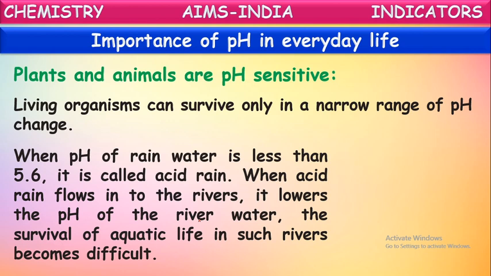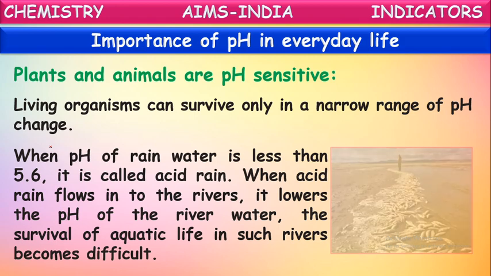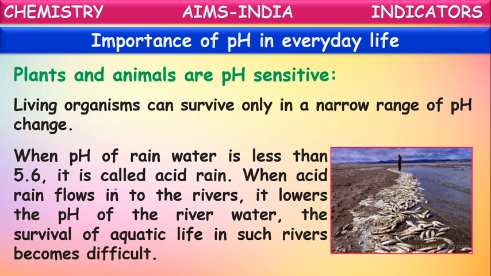Actually, if it is neutral, there is no problem. But when rainwater dissolves gases like carbon dioxide and other acidic gases, it also becomes acidic. That's why it is called acid rain. When aquatic animals consume this water, they may face some problems. Even if the acidity increases, sometimes the aquatic animals may die because of the more acidic nature.